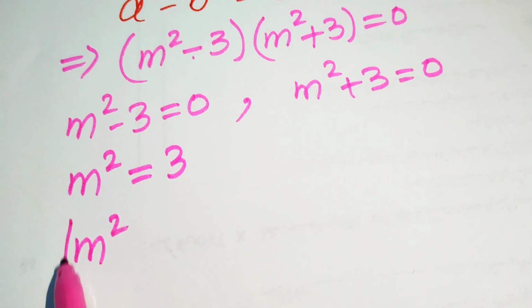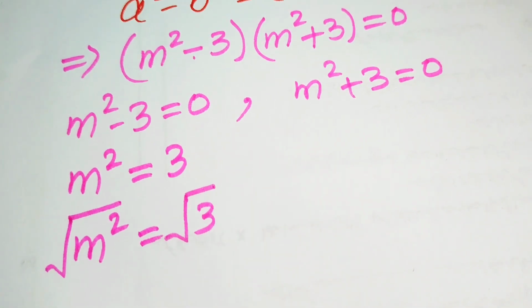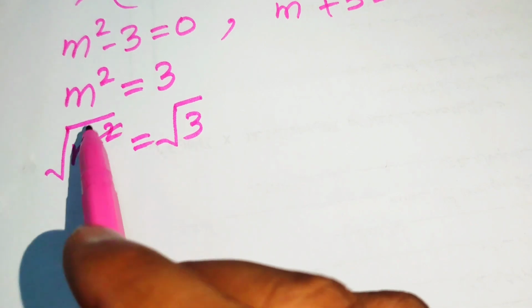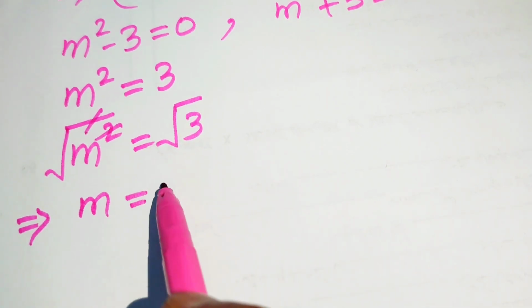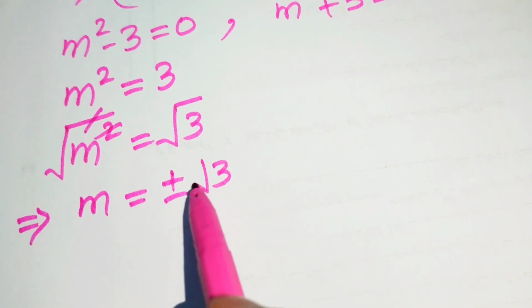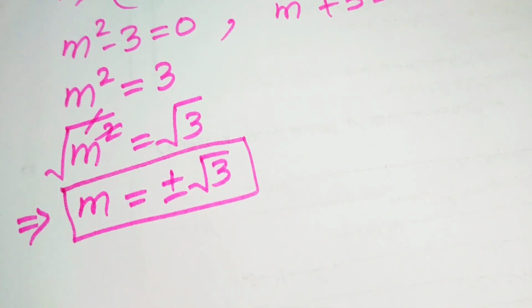Now you see the 2 and the square root are gone, and we get m equals plus minus square root of 3. So these are the first two real roots of the given equation.